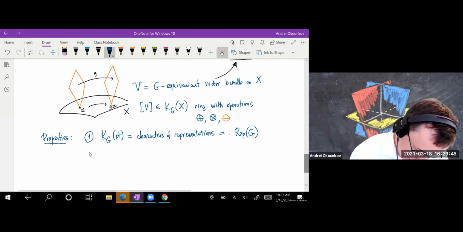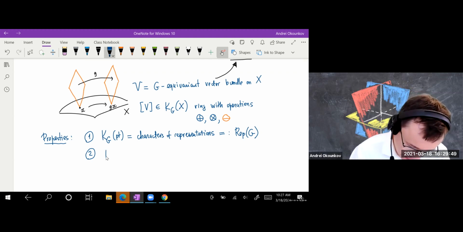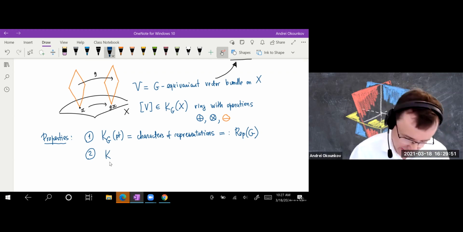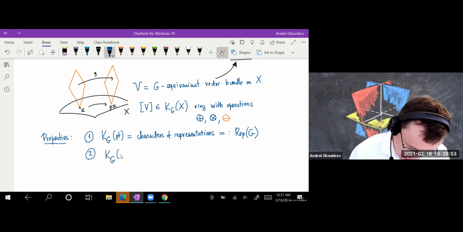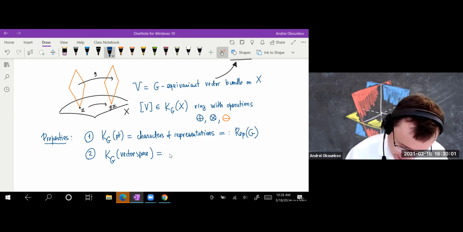And second is homotopy invariance. If I have an action on a vector space, since a vector space is contractible, that is the same as the action on a point before.